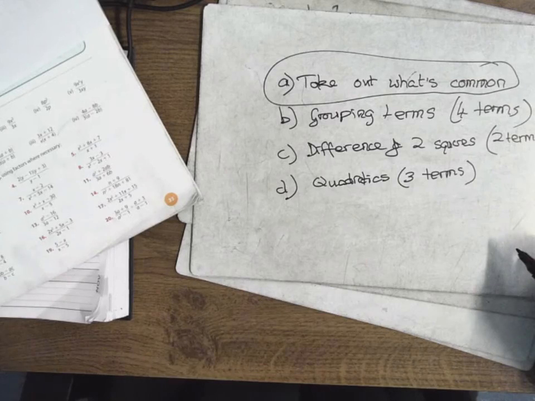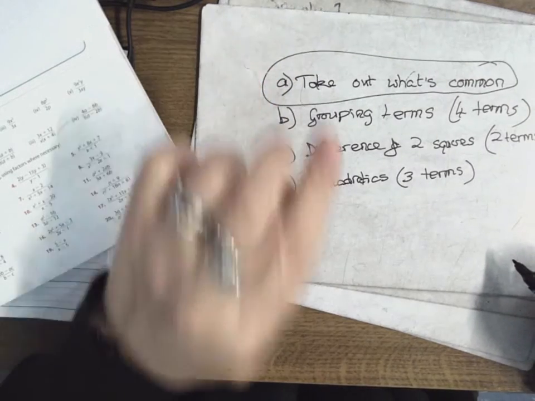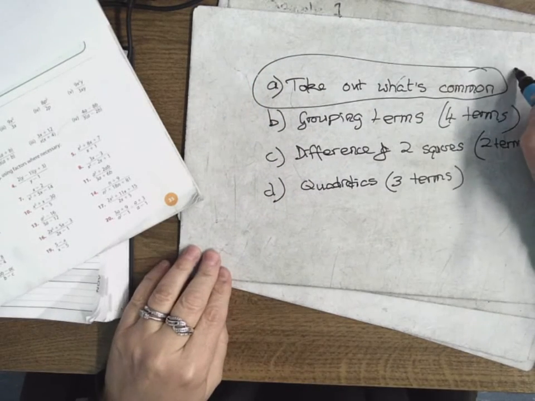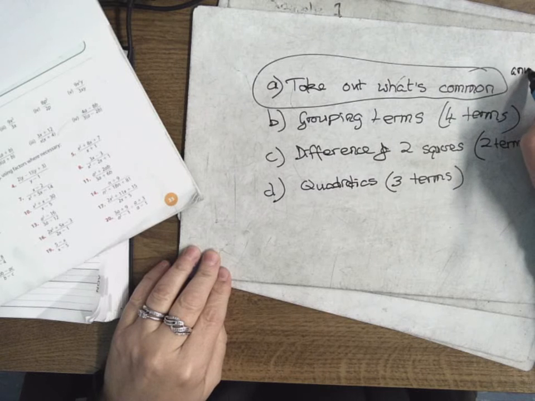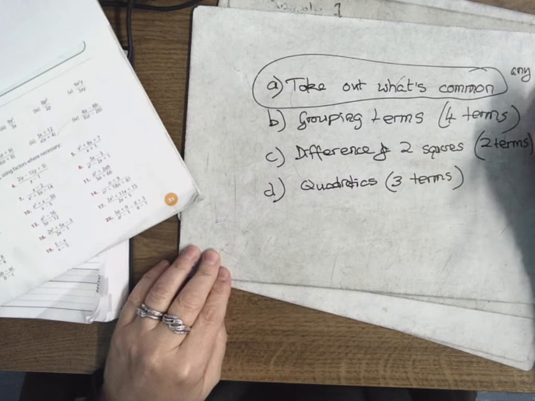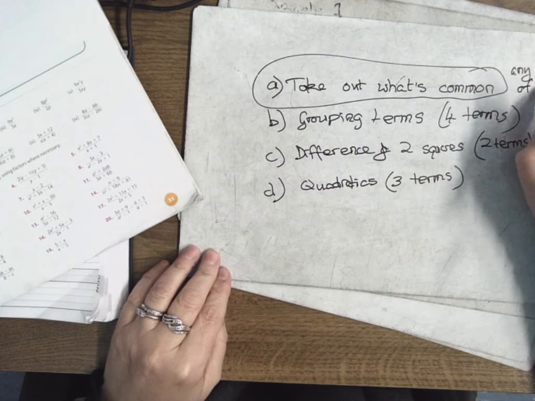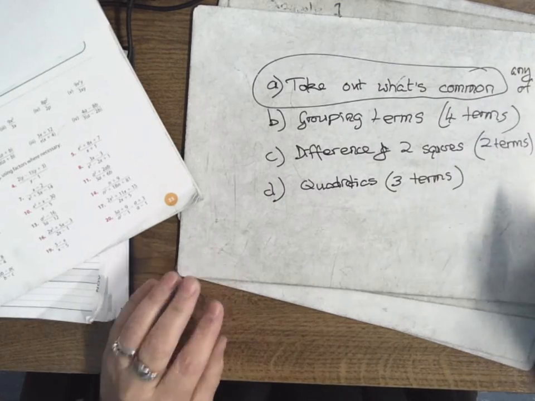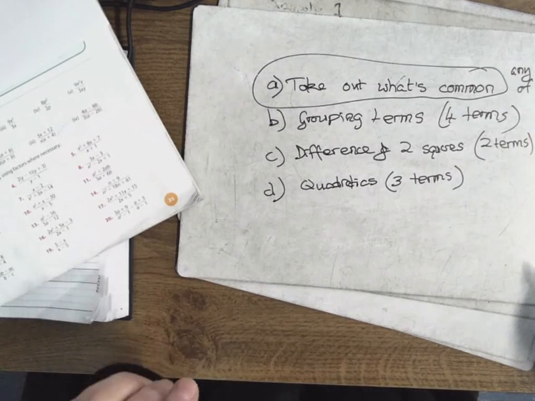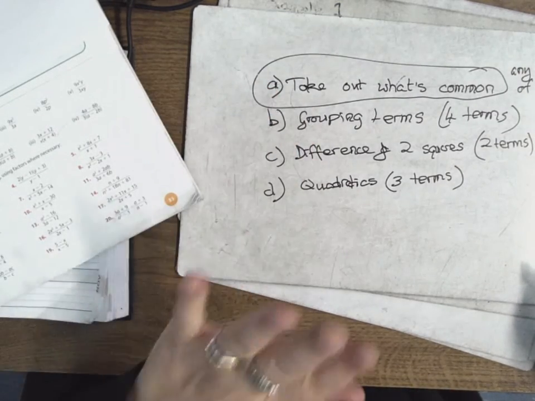So when you look at it, always see, can you take out what's common first? This could be any number of terms. There could be 2, 3, 4, 5, okay? So take out what's common, girls. Always try that first.